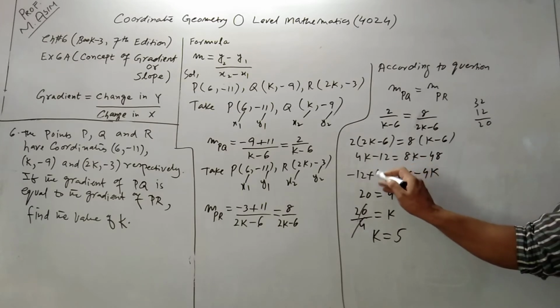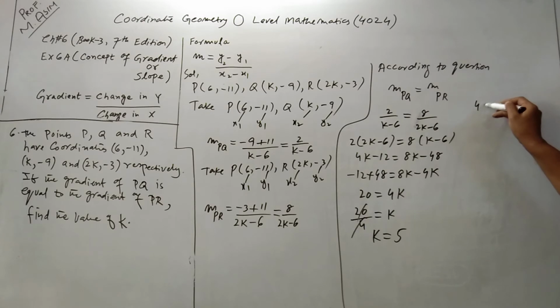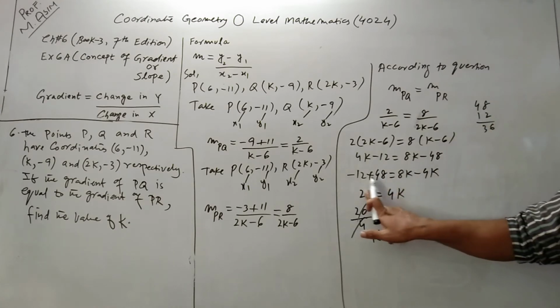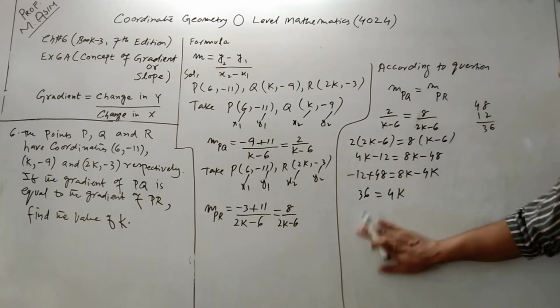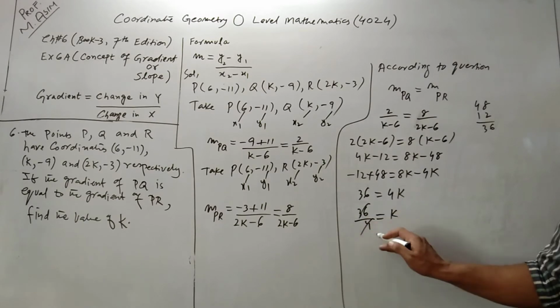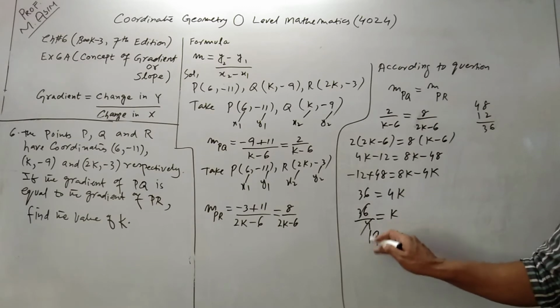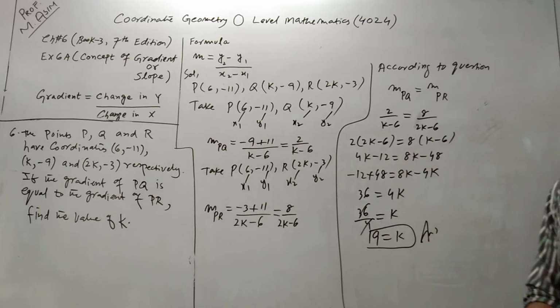It becomes 48 minus 12, which is 36. 8K minus 4K is 4K, and 36 upon 4 is equal to K. 4 nines are 36. So K is 9. By mistake I wrote 32, but 8 multiplied by 6 is 48. I hope you understand. Next question.